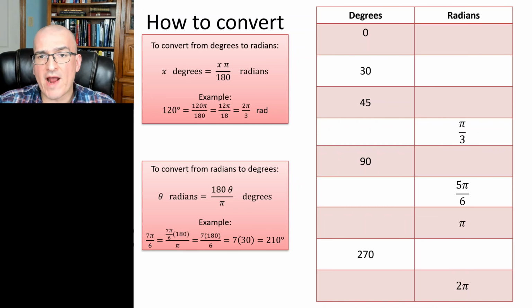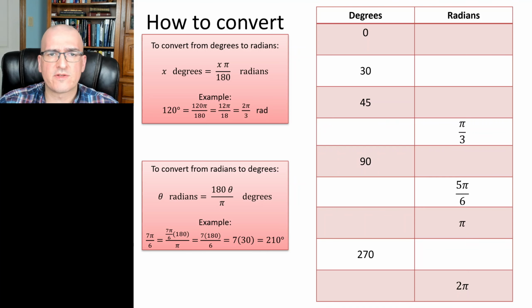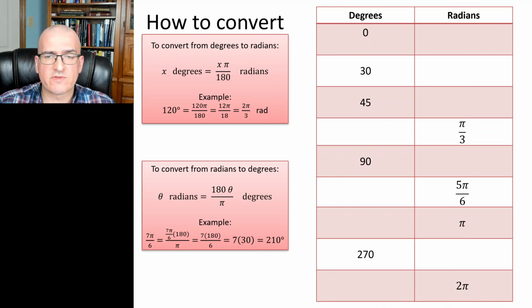And then you can factor a 6 from the top and a 6 from the bottom, and cancel the 6's when you factor those out. You get 2 pi over 3 radians. And that would be our radian measure of 120 degrees.